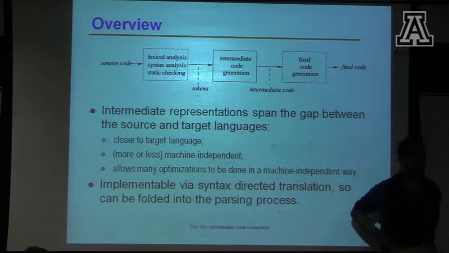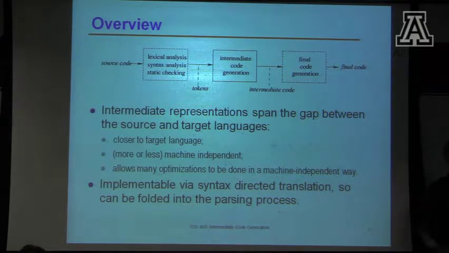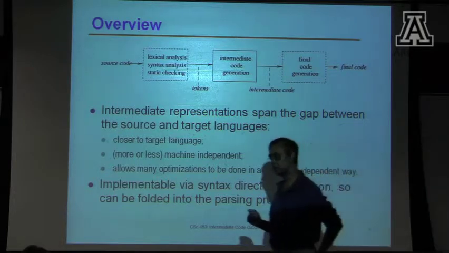A typical example would be that in C, for example, you have things like structs, and you have function pointers, and you have arrays and records and all kinds of things, right? You have while loops and so on. At the assembly code level, you don't have those things. If I go for a higher level, more abstract language, in a language like Java, you have classes and you have inheritance hierarchies and so on. None of that at the final code level.